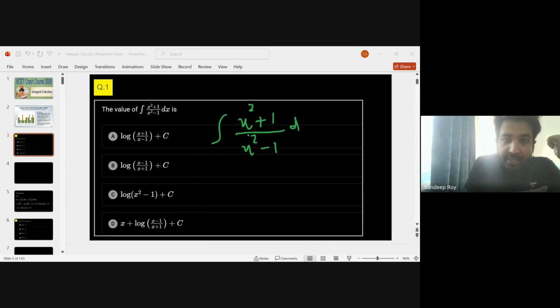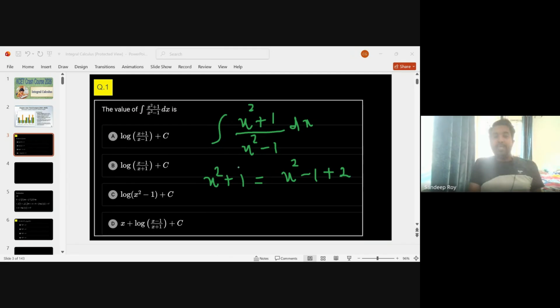The numerator x square plus 1 we can write as x square minus 1 plus 2, correct? So this we can write for the numerator.